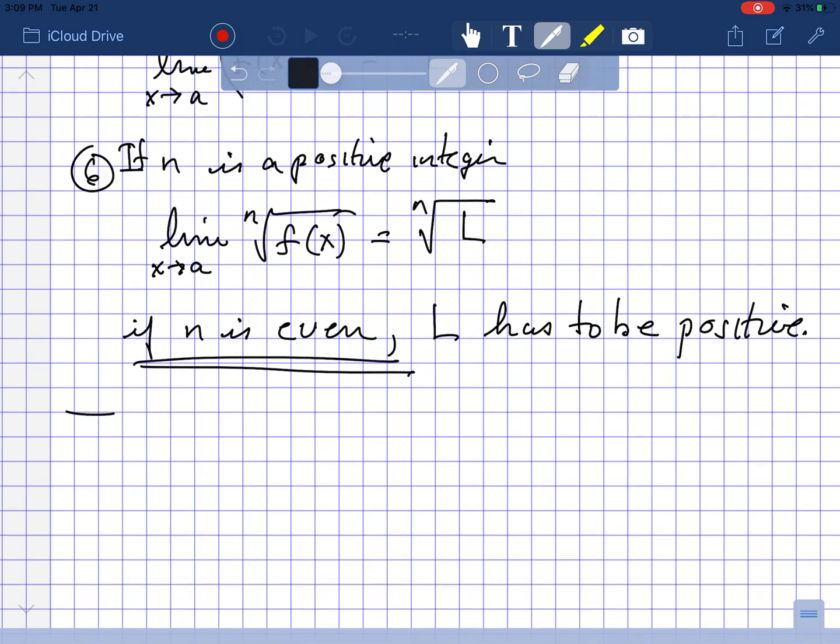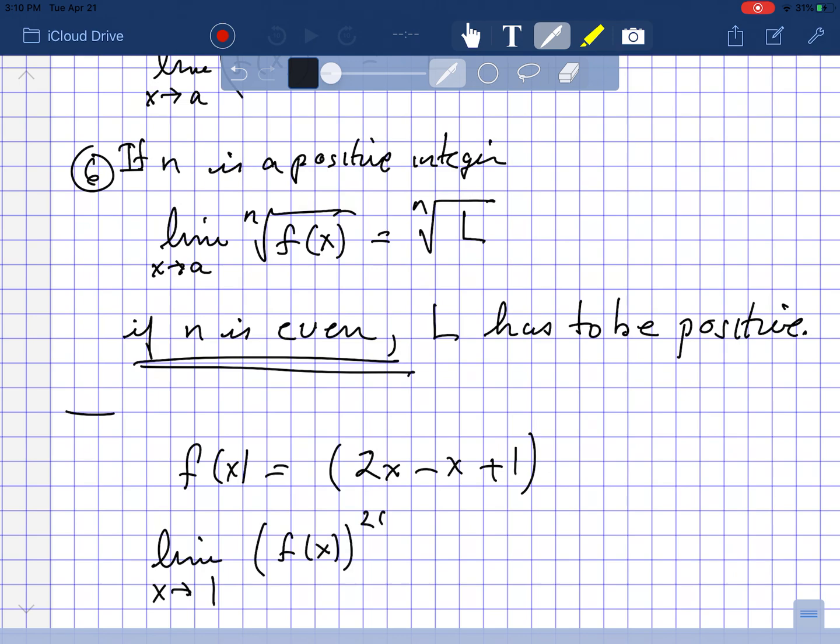Well, suppose I have the function f of x is equal to 2x minus x plus 1, right? And I want to look at the limit as x goes to, let's make it 1, of f of x raised to the 20 power.